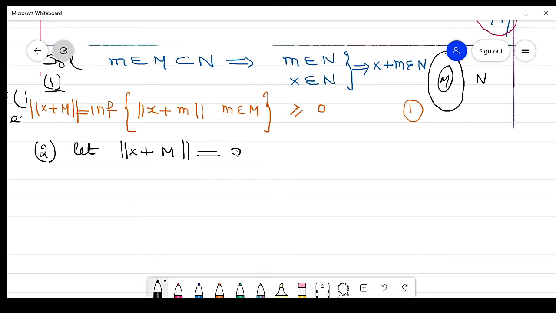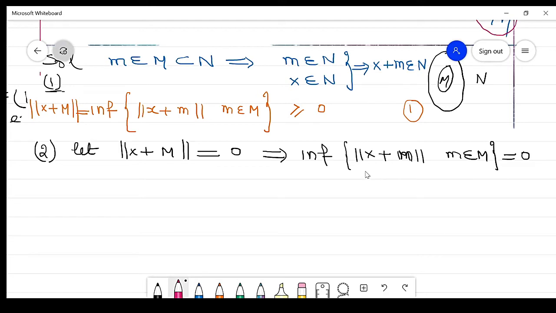It is our first step to prove that the norm of x plus M is equal to 0. So by definition, it is the infimum of the set of norms of x plus small m, m belongs to capital M, which is equal to 0, right?